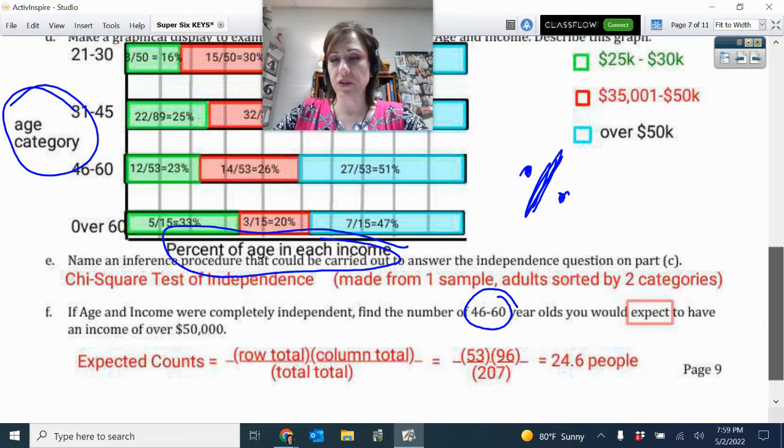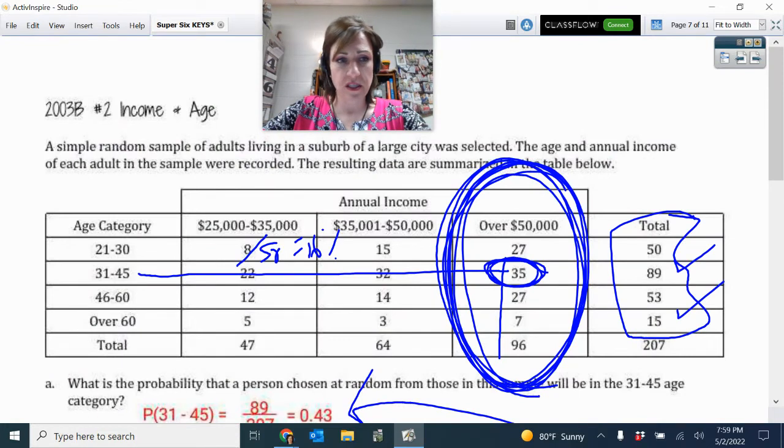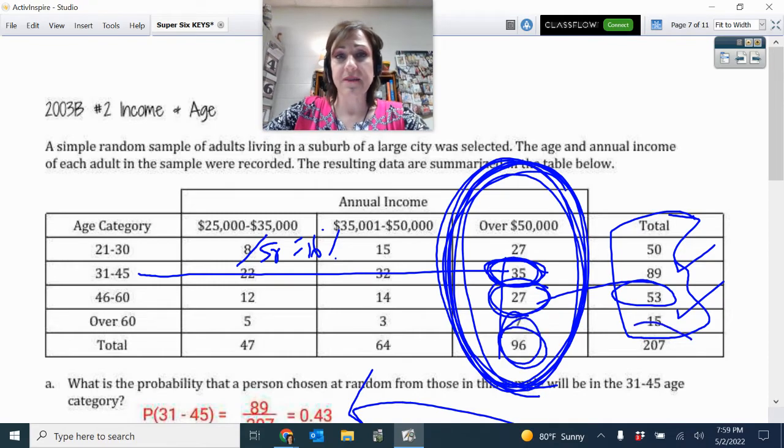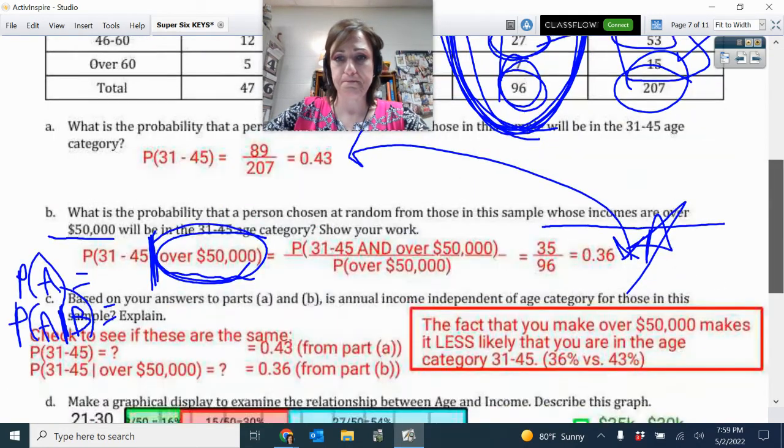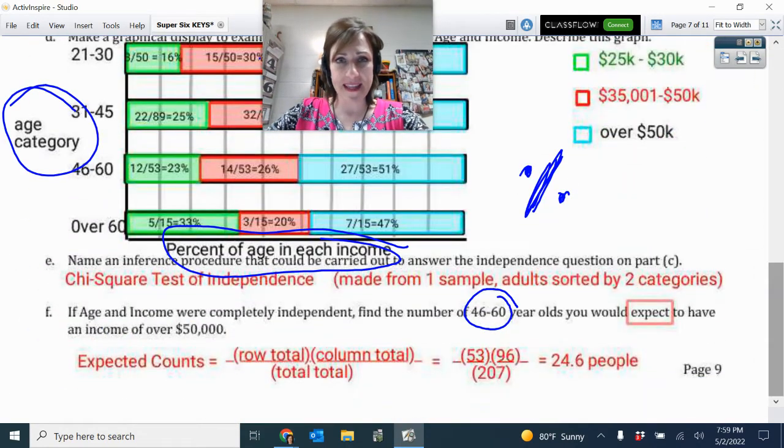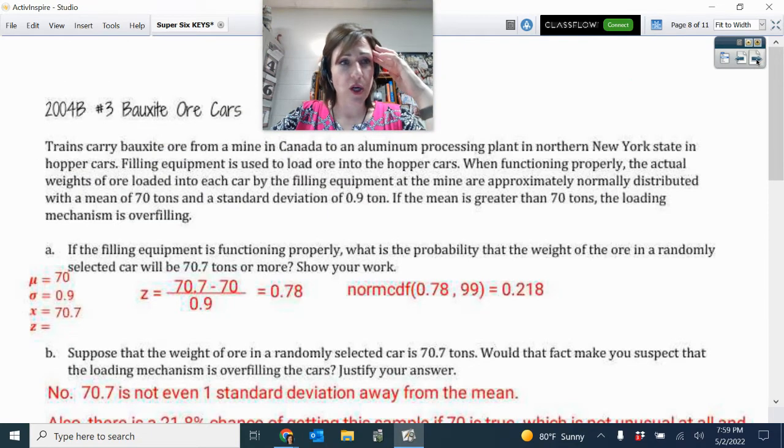So I went up here to the over 50,000 and for this box here. So I did 53 times 96 divided by 207. All right, and that's what was expected there. Very good. So now, our second word problem on this day that we had done our work was this bauxite ore cars.